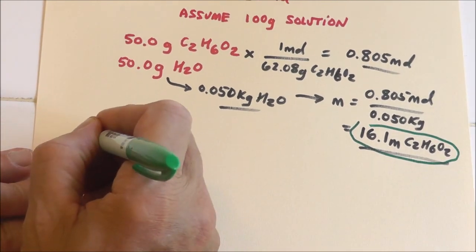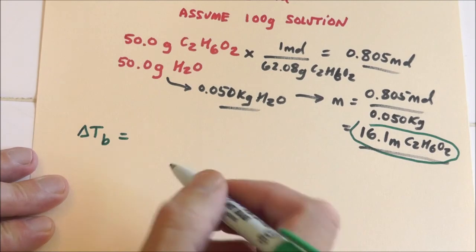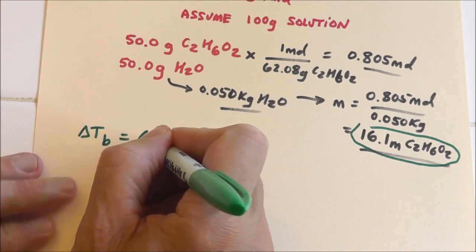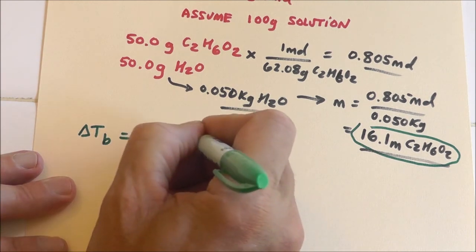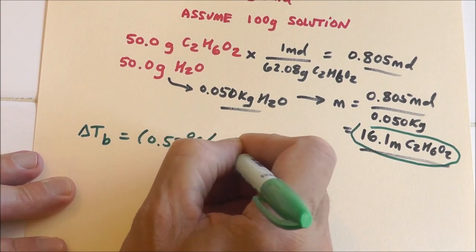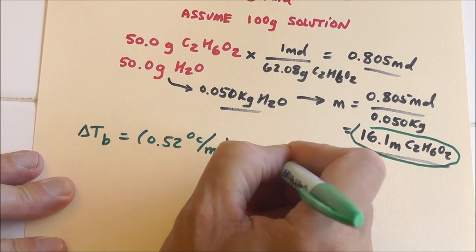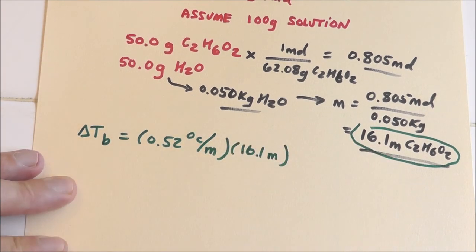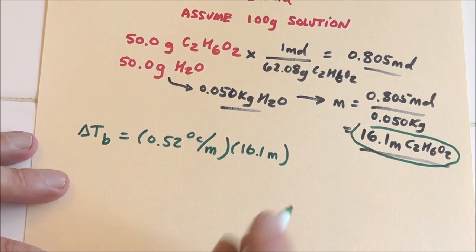So delta TB equals the K number that we looked up in the book, 0.52 degrees C per molality unit, times 16.1 molality units. And guess what cancels right there? m.